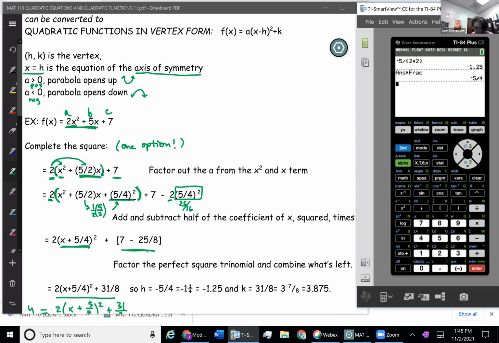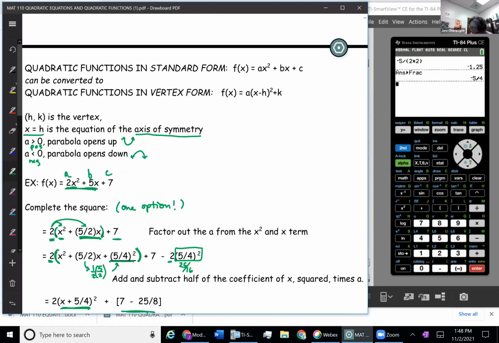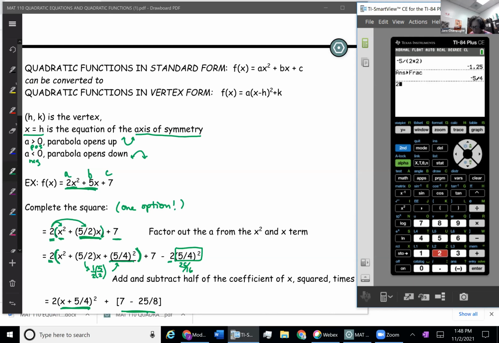So then to plug it into the function, you just go 2 times that previous answer. Second negative is the previous answer squared plus 5. Oops. You only want one plus. 5 times the previous answer plus 7. See what I did there?